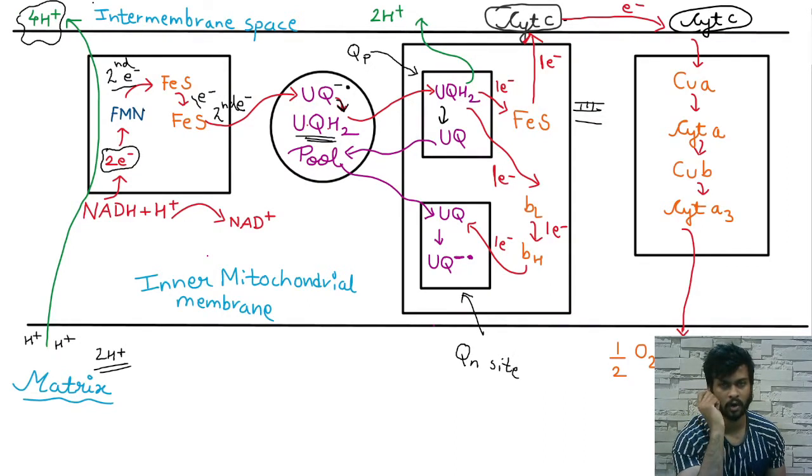So complex 1 will pump 4 hydrogen ions or protons. So from this pool, it will come and bind to the QP site. We know that this is fully reduced state, meaning it has 2 hydrogen atoms and 2 electrons.